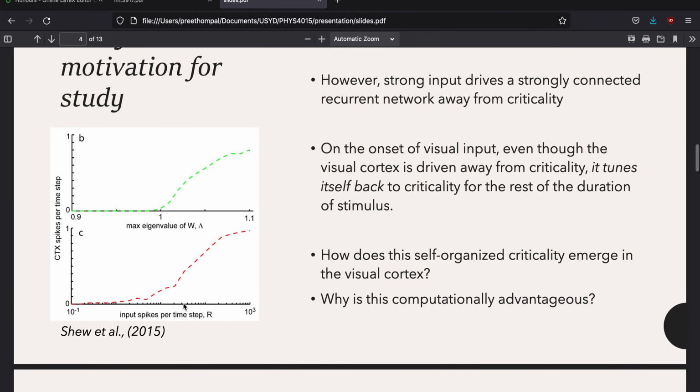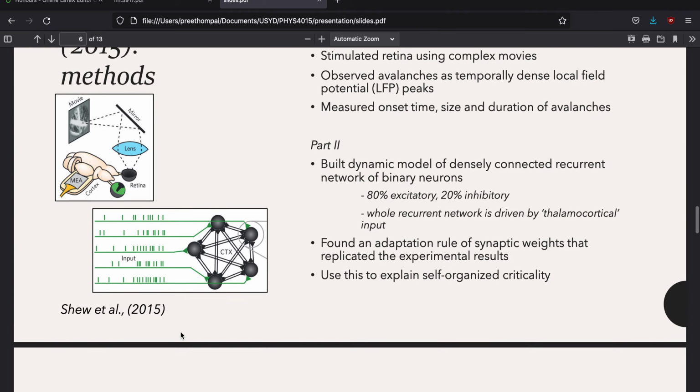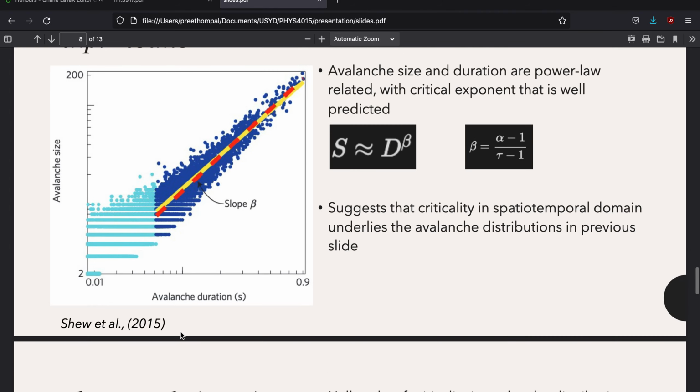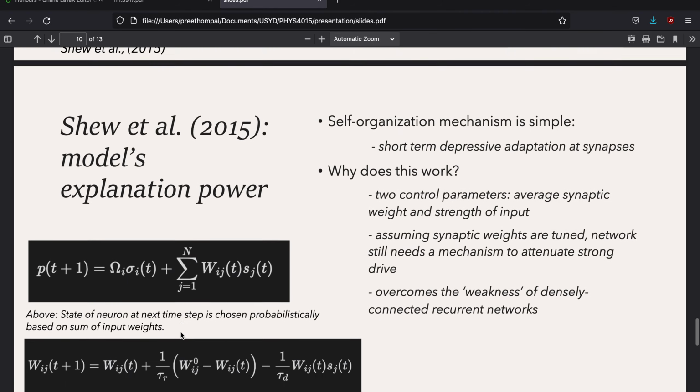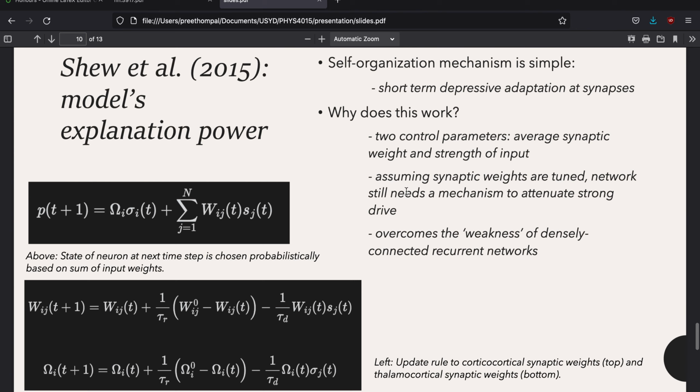So at criticality, we not only need the synaptic weights to be at a particular value, we also need input to be at a particular value. So what this updating rule does is it brings down the rate of incoming input. It attenuates input so that the criticality due to synapses can emerge.